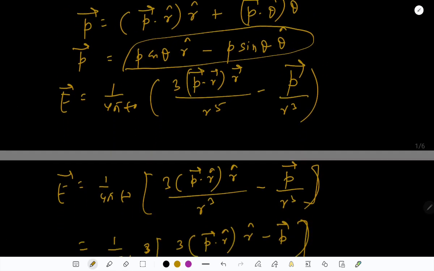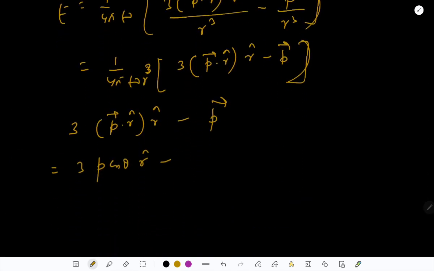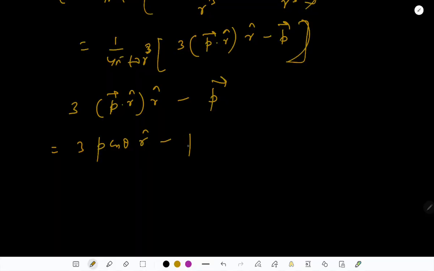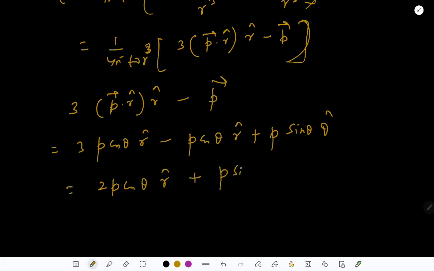Okay, and we can put all the results, and it will become minus p cos theta r, minus becomes plus p sin theta, and you can see here you get your result as 2p cos theta r cap plus p sin theta theta cap.